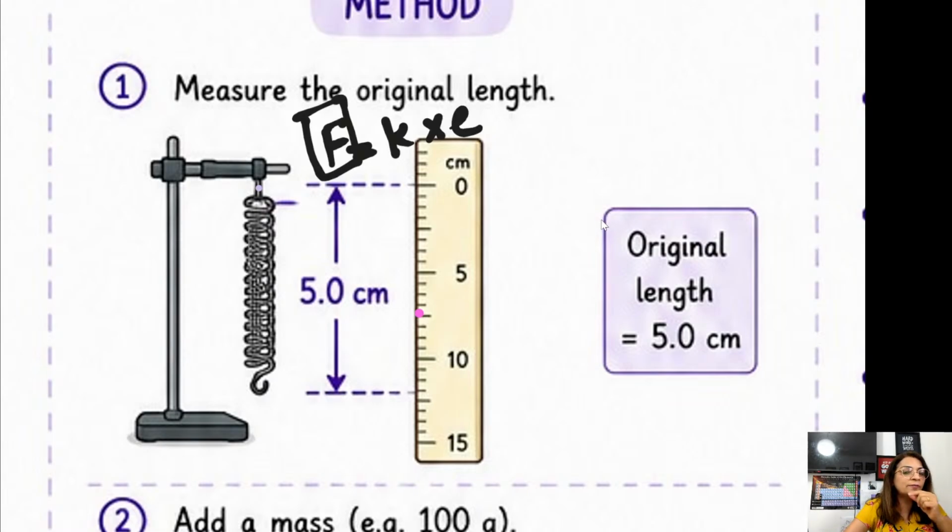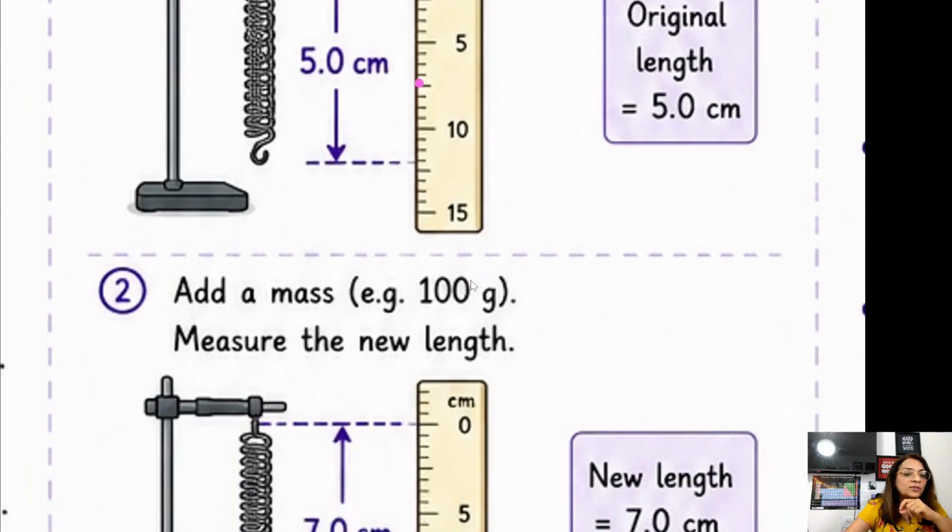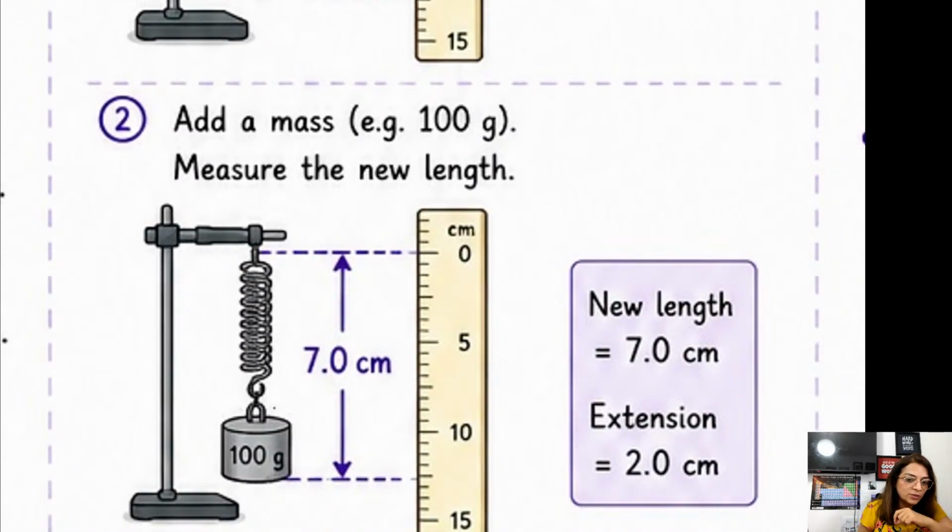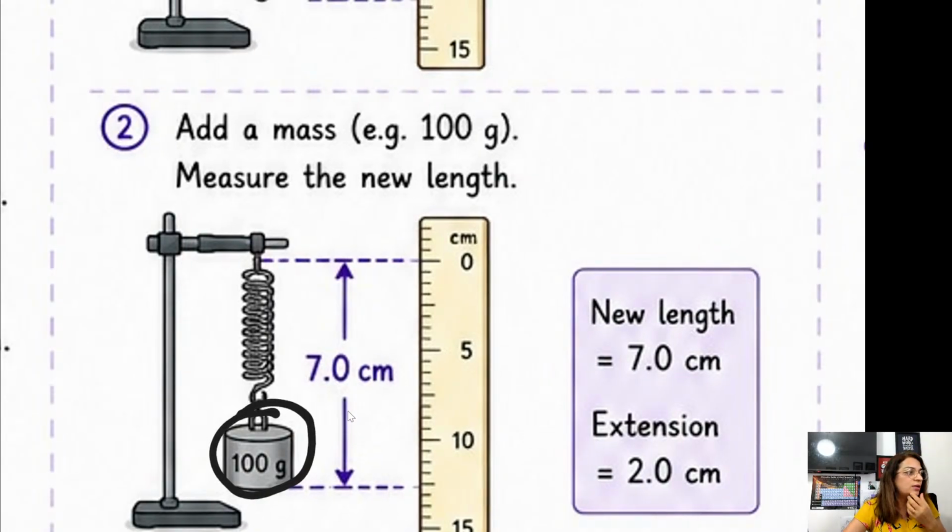What is the second force that acts on the mass of the spring if you attach some mass on it? What is that force called which pulls the mass downwards? Come on.